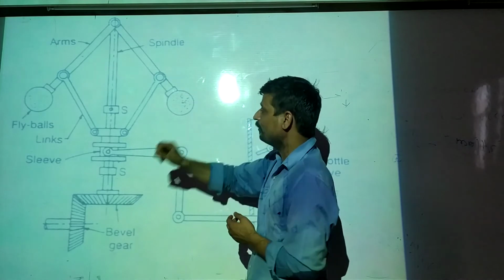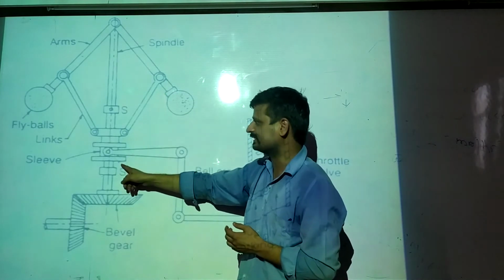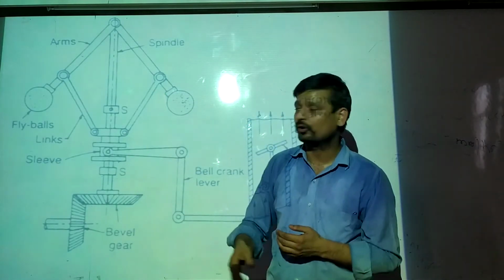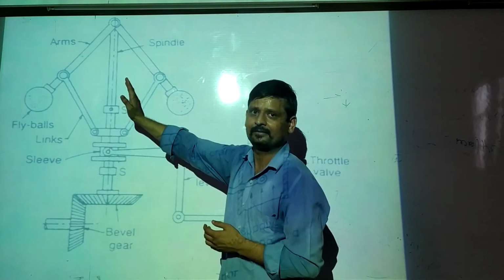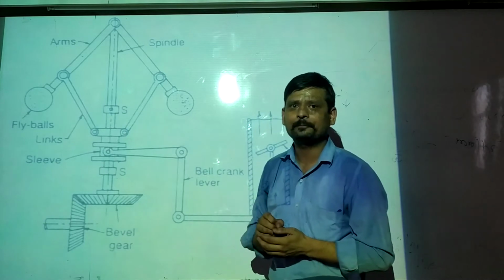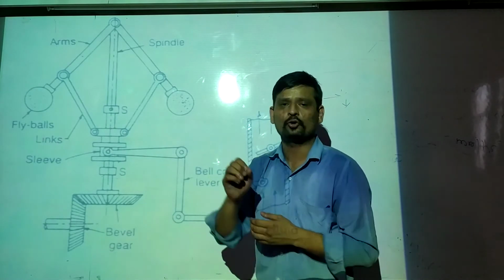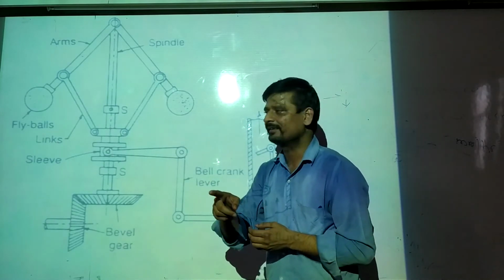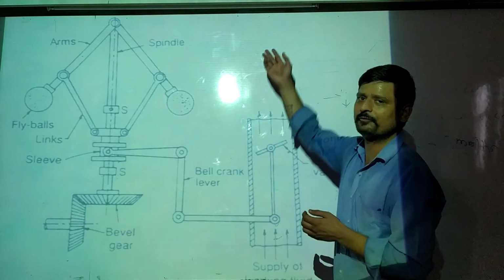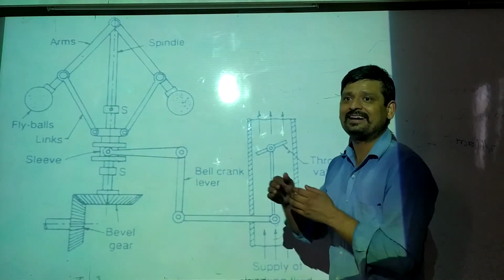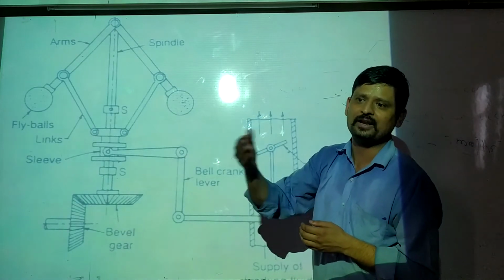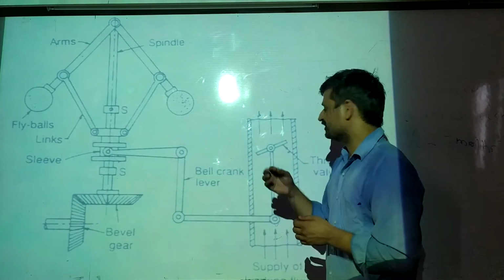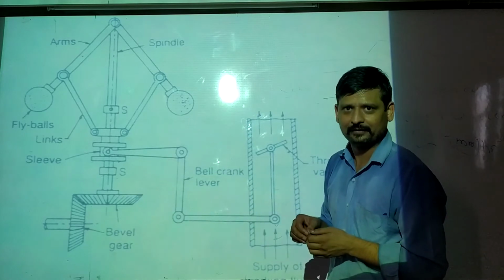So now as the lower links are attached to a sleeve, that causes what? That causes the lifting of the sleeve in the upward direction. So now what is happening here? Speed is increasing, means load is decreasing. Load is decreasing means more fuel is going. So we need to maintain the supply of the fuel to maintain the optimum speed or design speed.